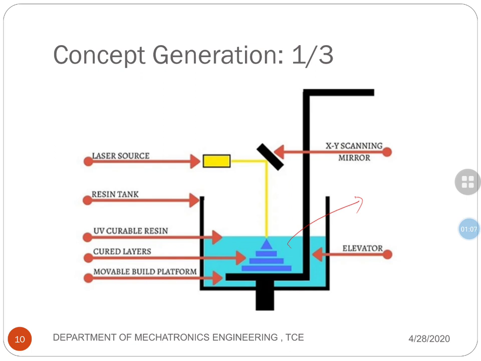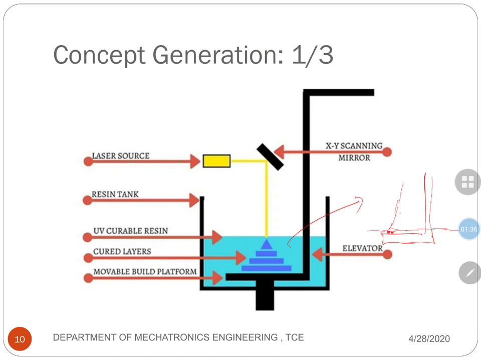So this is the elevator, and this is the resin material. When the laser hits the resin material, that part of the resin gets hardened. Then the laser is shifted to the next part, and that will be hardened.